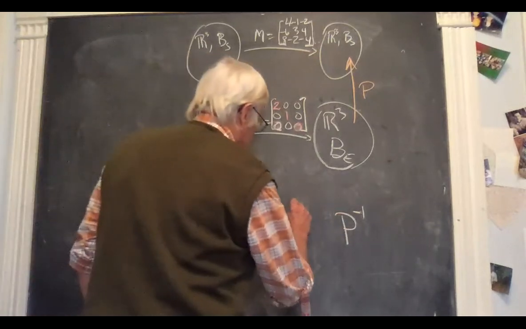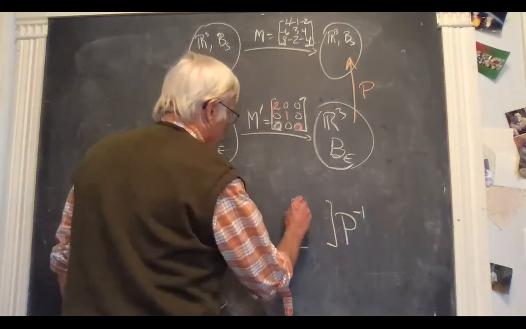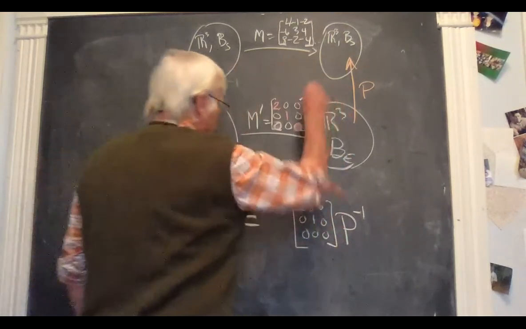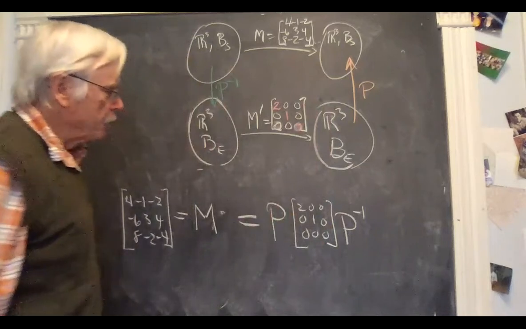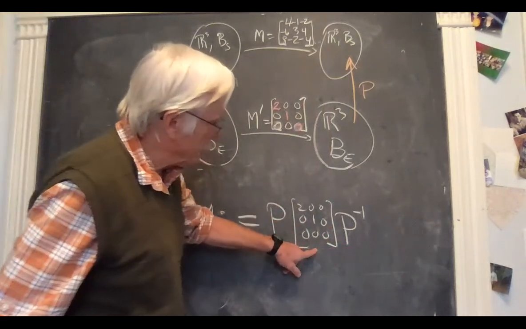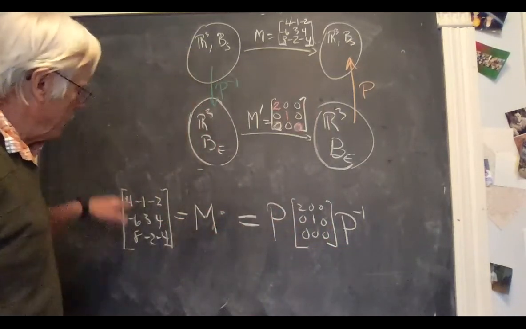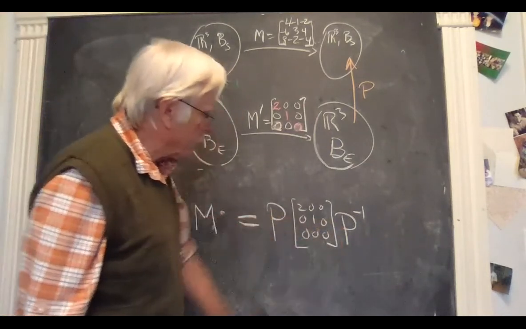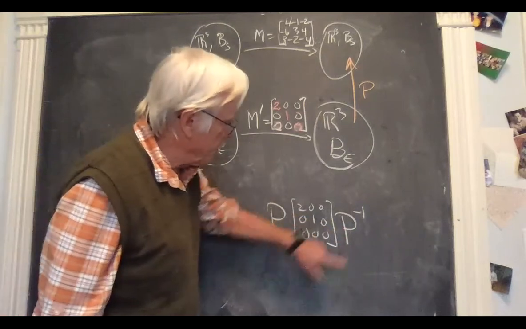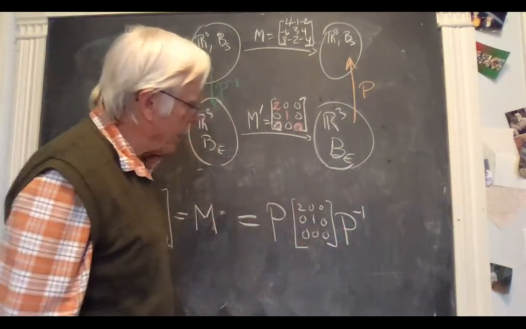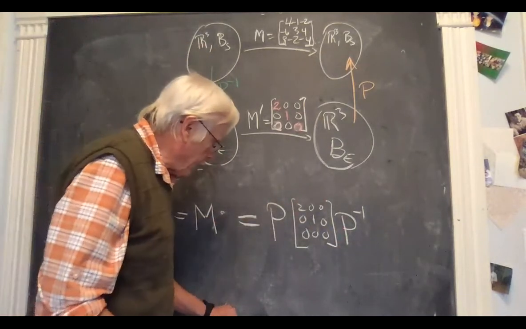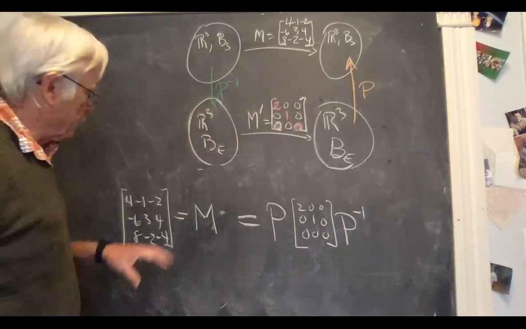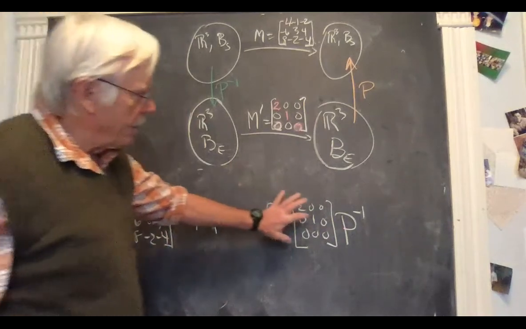Then M prime, 2, 0, 0, 0, 1, 0, 0, 0, 0, and then finally P. So if you take the product of P inverse times this diagonal matrix times P, you get back to M. This is factoring M into these three matrices. The outside ones are P and P inverse. The inside one is this diagonal matrix. And this is called the diagonalization process. This is the process of taking a matrix and diagonalizing it.